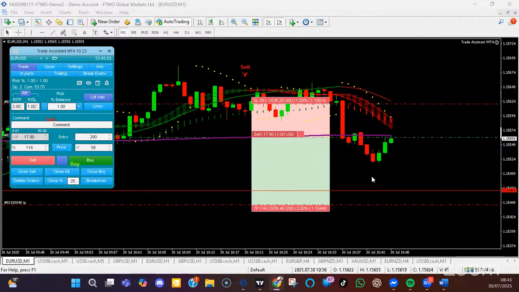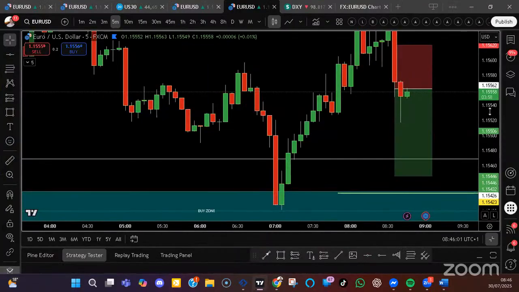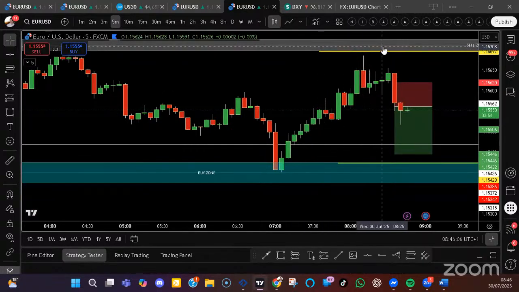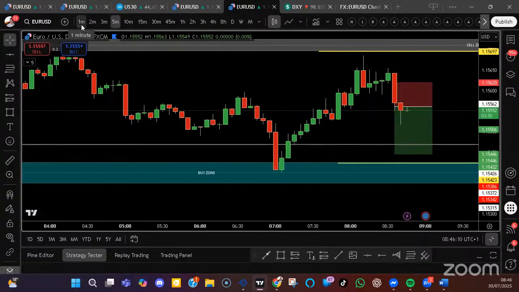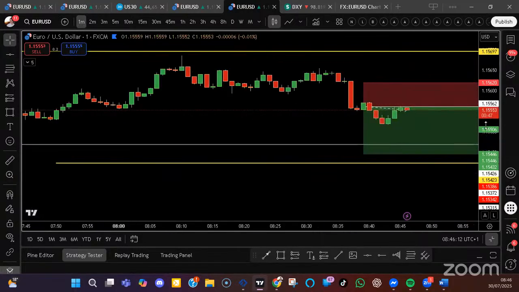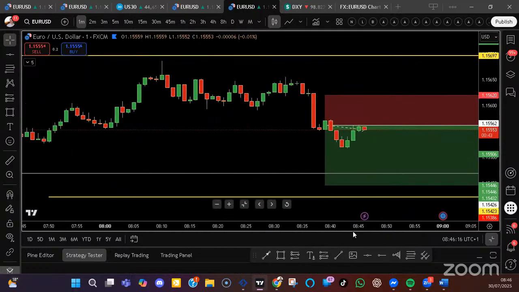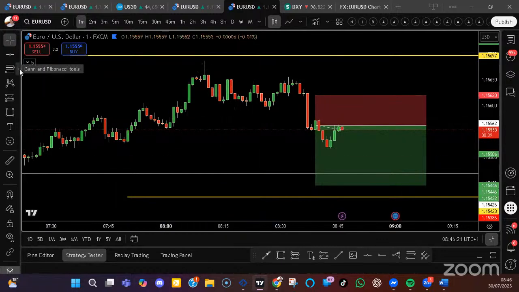But are they just stalling for the bigger picture and going up to where there's maybe more orders here? We don't know. But at the same time, it's only a 1% loss, which is not a big deal. We'll have to wait and see.